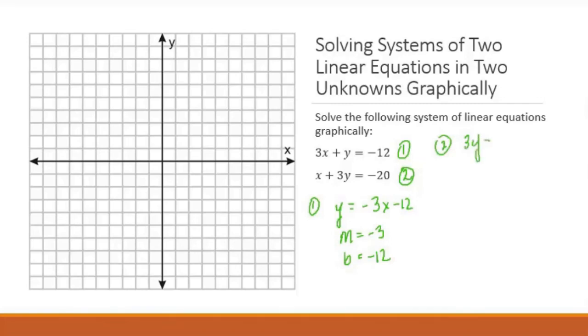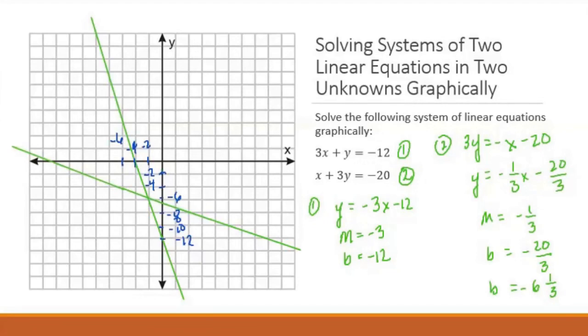We find that 3y is equal to -x minus 20, and dividing through by 3 gives me y is equal to -1/3 x minus 20 over 3. So here we find a slope that's also negative, but much shallower at -1/3, and a y-intercept of -20 over 3. Let's take a moment to graph these two equations.